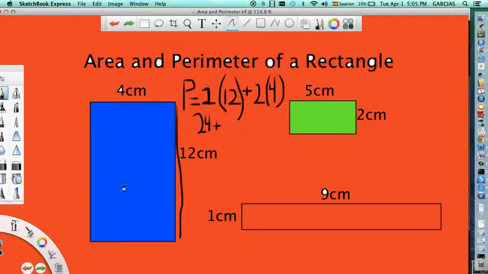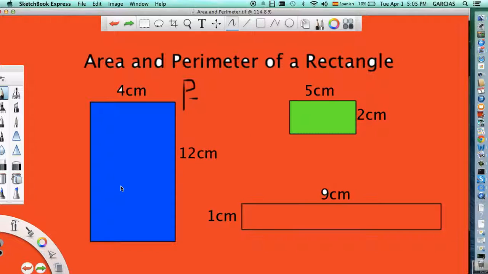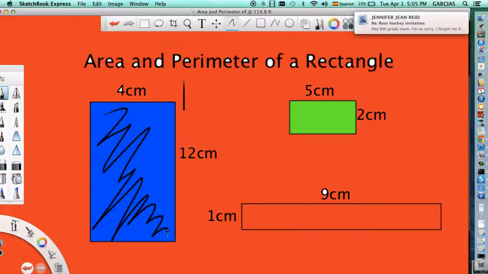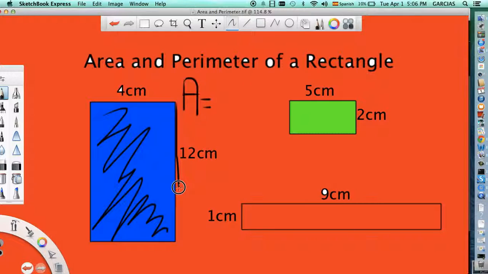In order to find the area of a shape, we also need to understand what is the area. And basically, area of a shape is the number of square units inside the shape. How do we find it? We need to consider two dimensions: the length and the width of the shape.